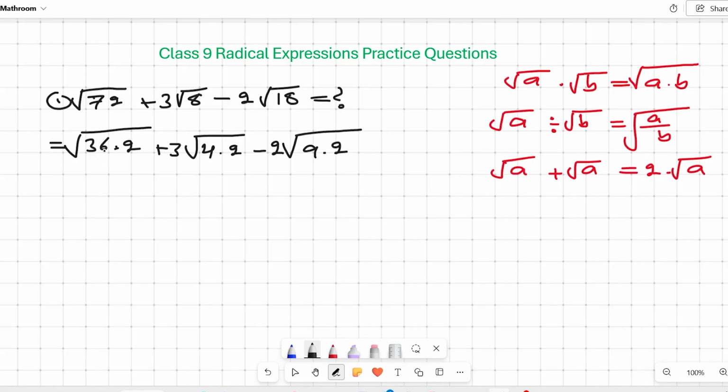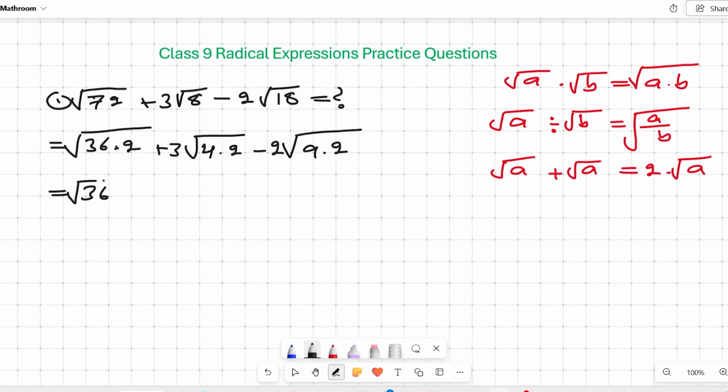When you multiply two numbers to get 72, one of these numbers must have a whole square root. Like 36 has a whole square root, 4 has a whole square root, 9 has a whole square root. So, according to this formula, I can write them separately as they are under one radical.